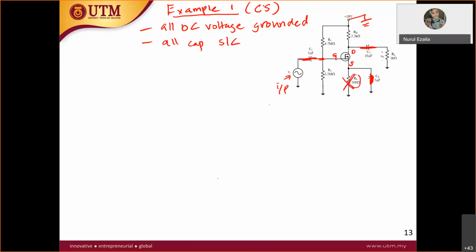Output means where your V out is, so this is your output, and the output is at the drain. Therefore, what's left is the source. Now this is common source. On BJT it is also something like that. Now let's draw the AC equivalent circuit.